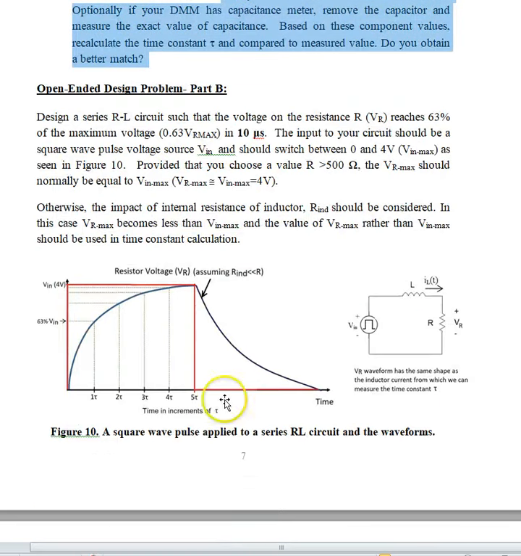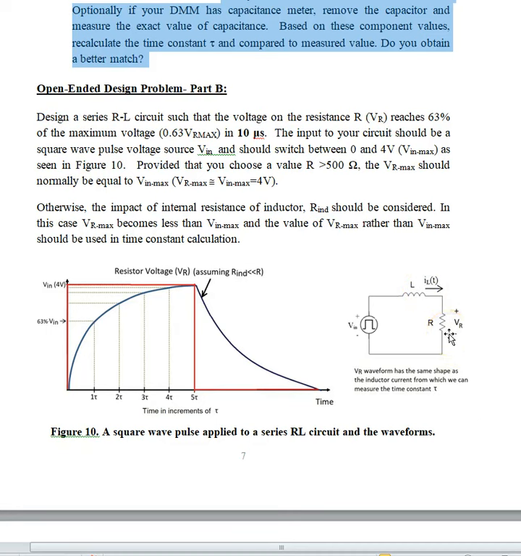Now, the second part of the problem is this series LR circuit, and Analog Discovery measures this on one of the channels, the resistor voltage. So this is a representation of the inductor current waveform.